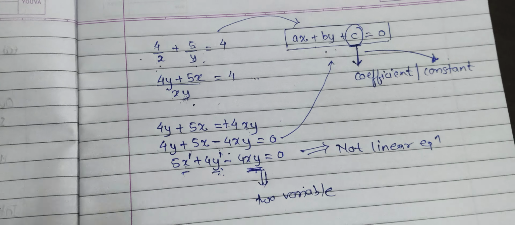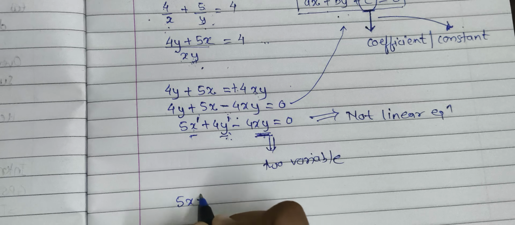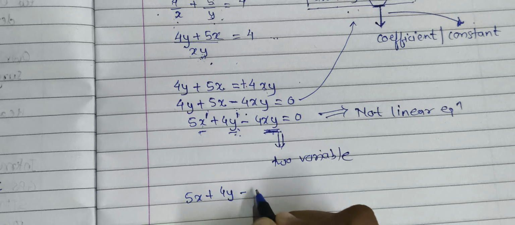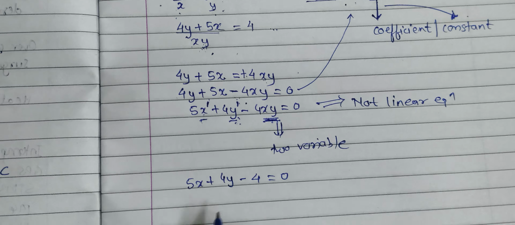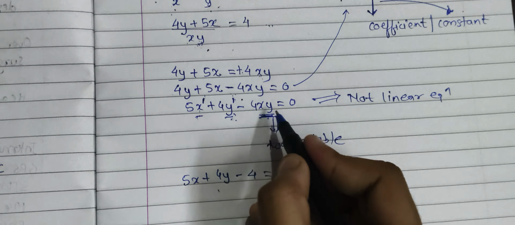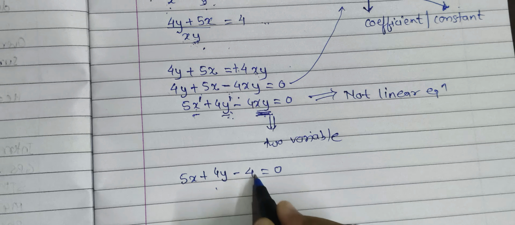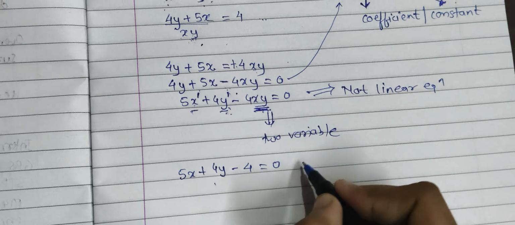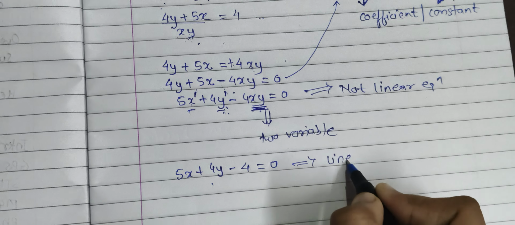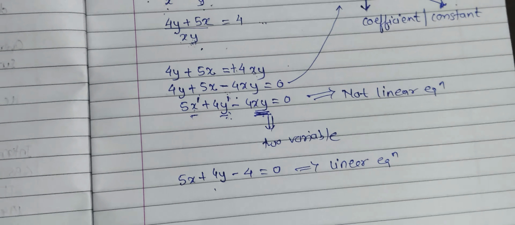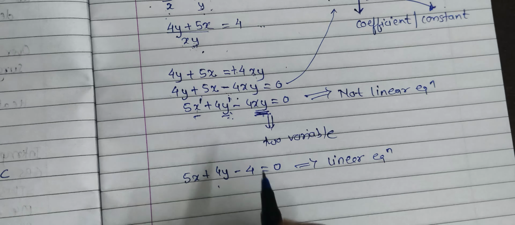But what if this equation was like this: 5x plus 4y minus 4 equal to 0. If there was no x and y over here, then this was the linear equation. So this is the major difference.